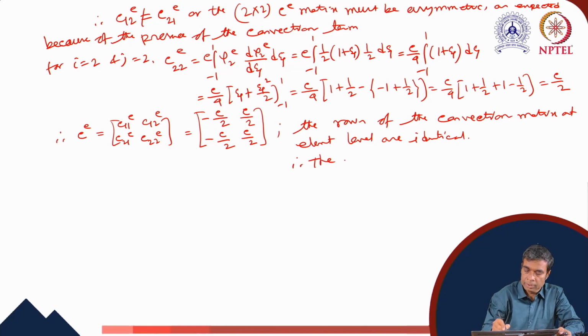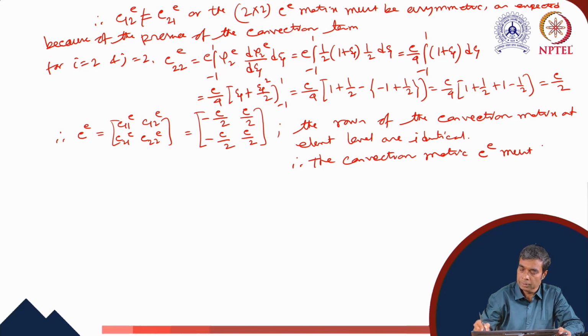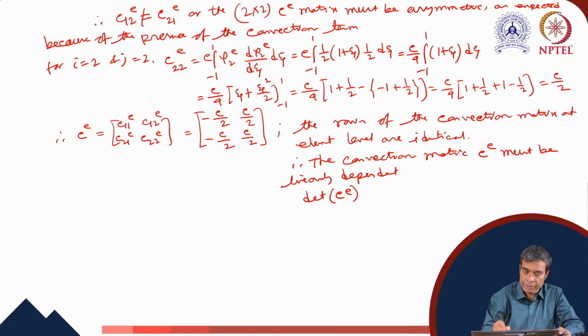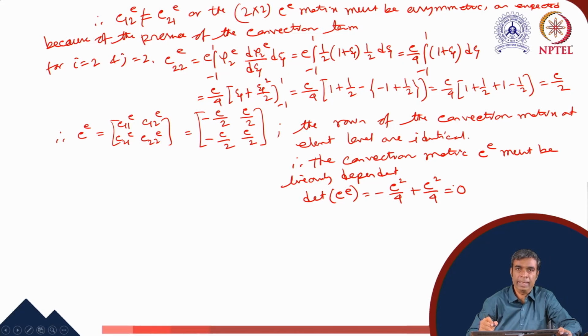Therefore, the convection matrix CE must be linearly dependent. We can see here the determinant of CE equals minus c square by 4 plus c square by 4 equals 0. So this is a singular matrix as expected for a linearly dependent case. So CE is linearly dependent with identical rows, and also CE is asymmetric.